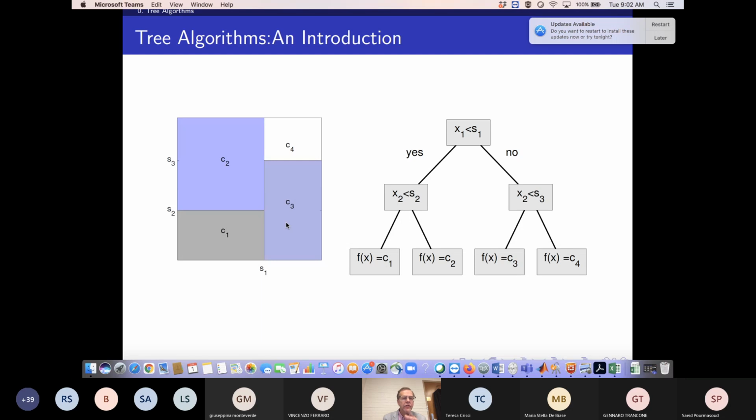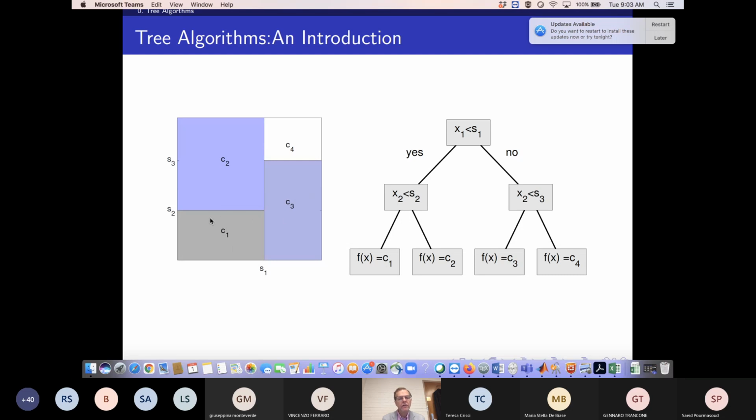Then you start asking whether the first attribute x1 is larger or smaller than s1. So s1 is this number. You check that attribute, and if you are on the left, you go to one rectangle, and if you are on the right, you go to another rectangle.